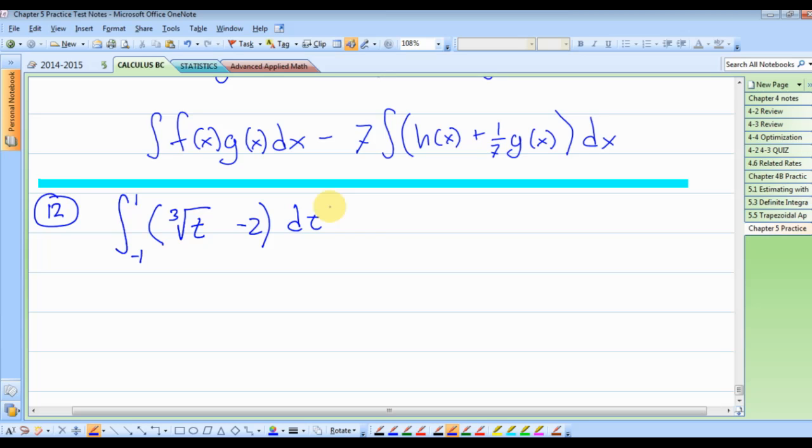Okay, are we taking the derivative of an integral here? Look at the question. Is this the derivative of an integral? No. That means this must be the integral of a derivative, right? Okay. This is the integral of a derivative. Okay. What is the antiderivative for t to the 1/3 power?